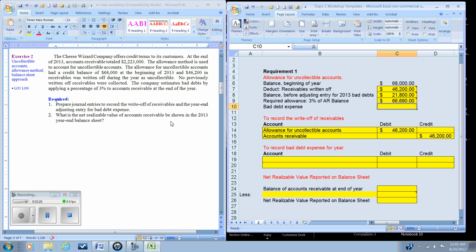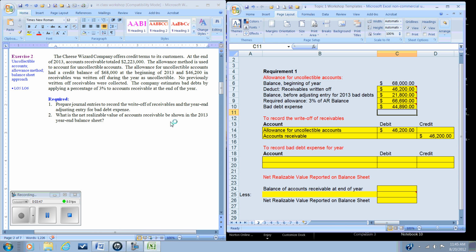So our bad debt expense for the period is going to be the difference between what our allowance account needs to be minus the balance before we made our adjusting entry.